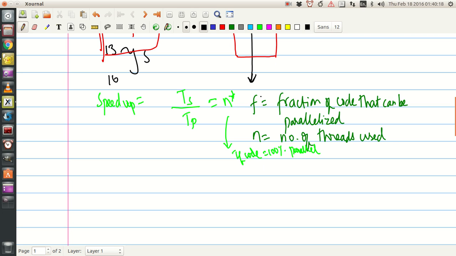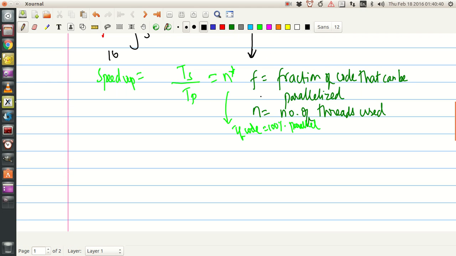If f is 1, then intuitively the code is 100% parallelized. If f is 0, then the code is 100% serial. Realistically, almost all your codes will have a non-zero value of f, if there is any potential to be parallelized.